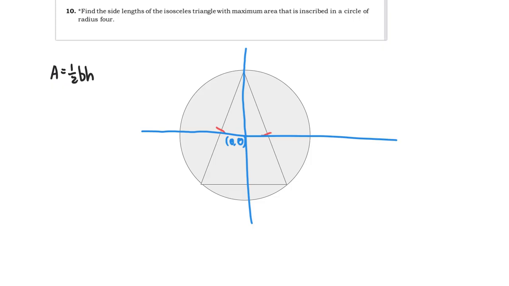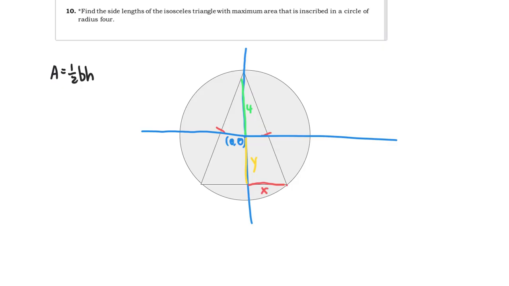Now, the way that I had gone about it in my session with my student is I acknowledge that this green part is 4, and I'm going to say that this yellow part, we're just going to call that y. Okay, so that's some variable, and we're going to call this red part over here x.